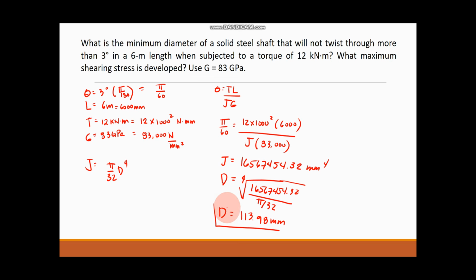And then, hinahanap rin ng problem yung maximum shearing stress that is being developed. So, our maximum shearing stress for solid steel shaft is equal to 16 multiplied by the torque divided by pi d raised to 3. So, substitute lang natin 16 and then the torque is 12 times 1,000 squared all over pi. And then the diameter is 113.98 millimeters.